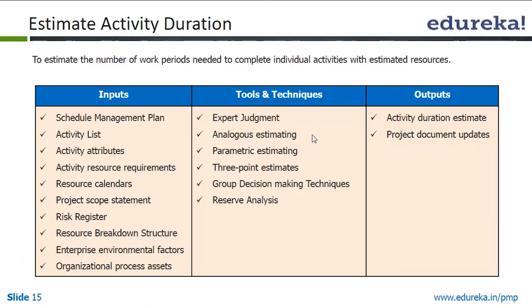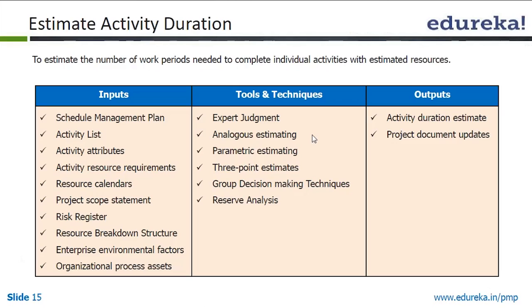We have said analogous estimating is where we look at historical data. We see similar projects that were conducted and say, we took 200 man days for that project, so this is a similar project, it will also take roughly 200 man days. That is analogous estimation.